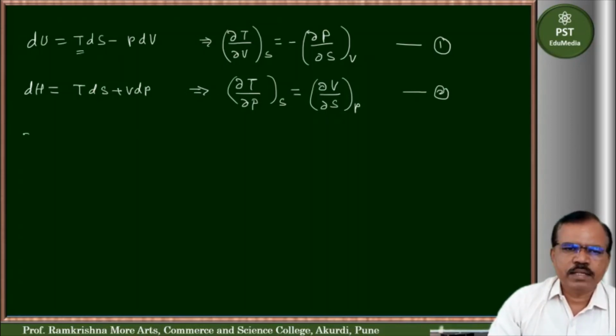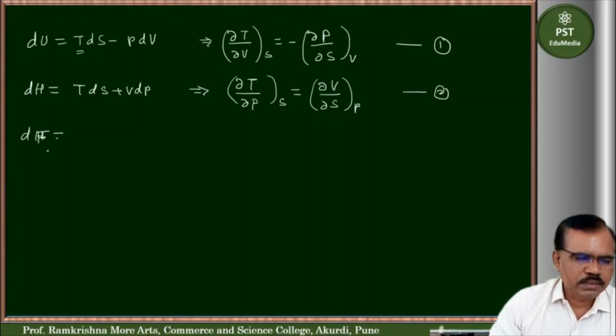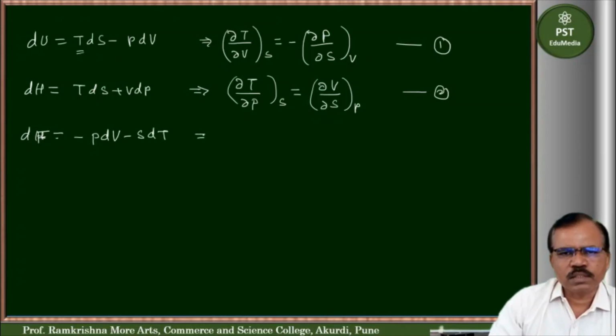Now we will take df. df is equal to minus p dv minus s dT. From this, M is minus p, N is minus s.